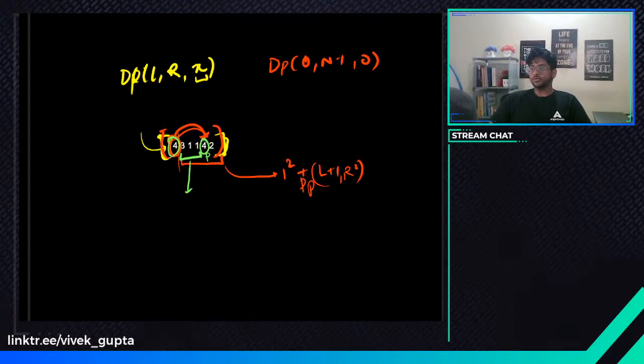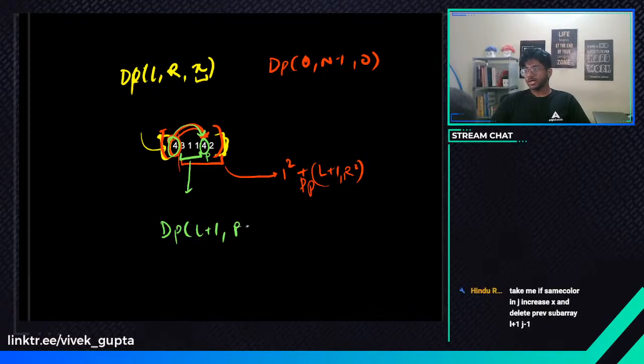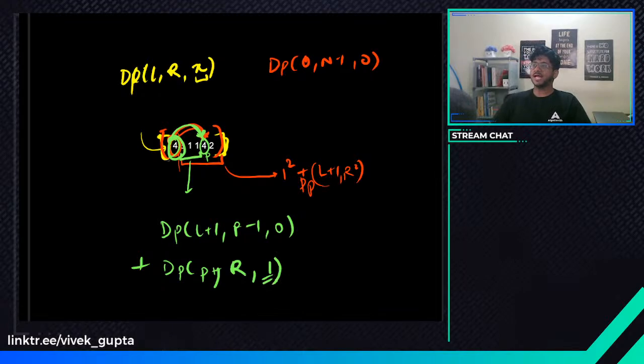To delete this 4 alongside this 4, we will delete everything in between, L plus 1 to P minus 1 with no extra coming up, plus now this 4 will get deleted with this 4. So I will write dp of P to R with an extra 1 4 latching onto this particular 4.